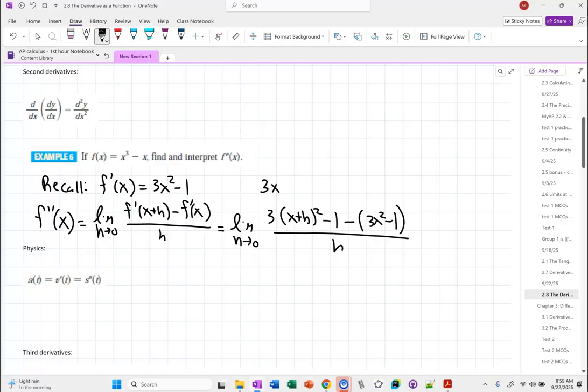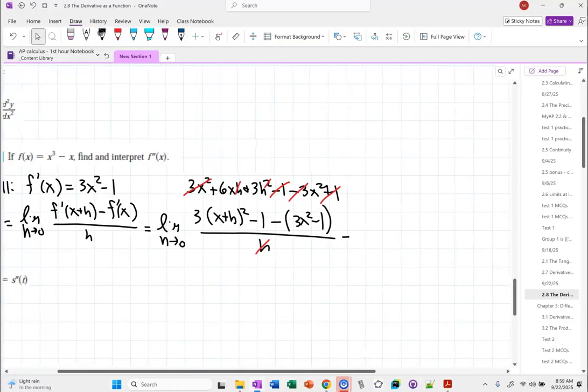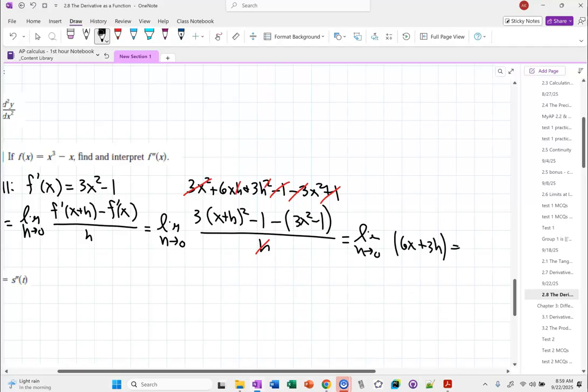I'm just going to multiply this stuff out up above. And then we're left with the limit as h goes to 0 of 6x plus 3h, or just 6.